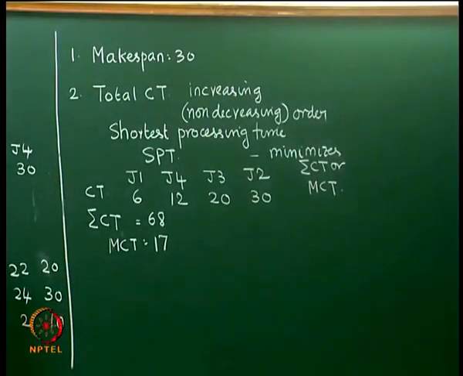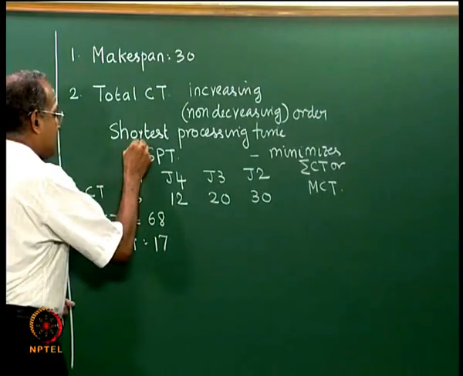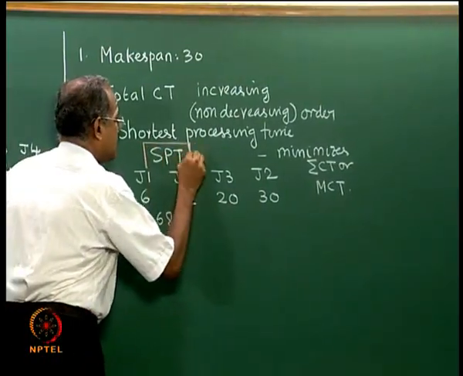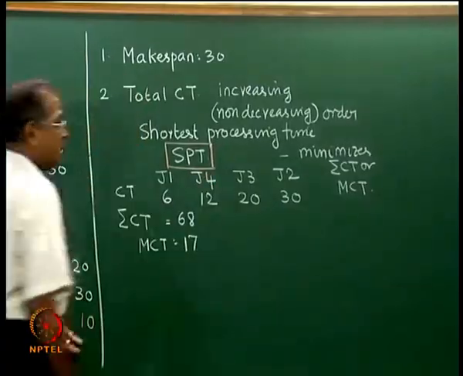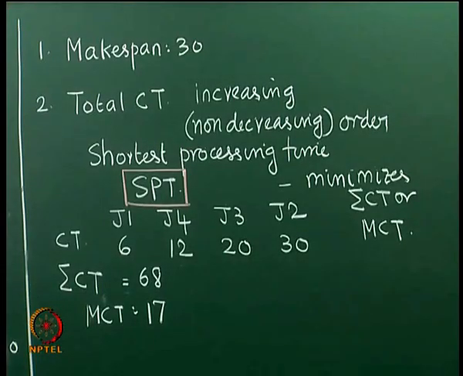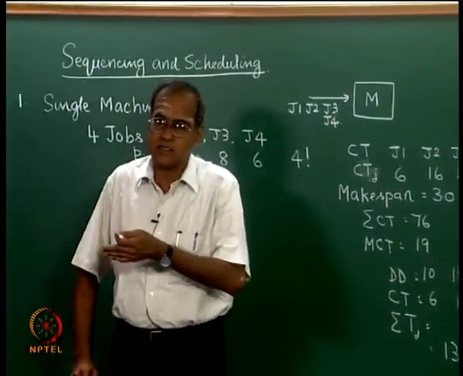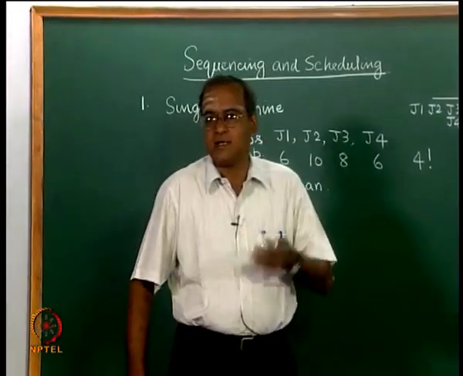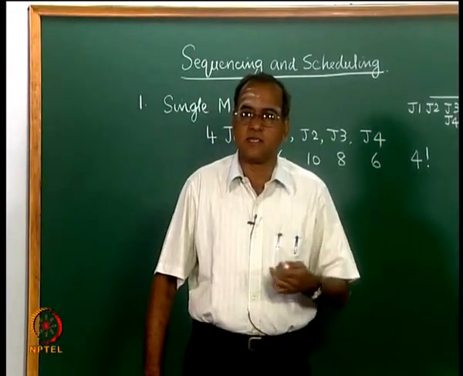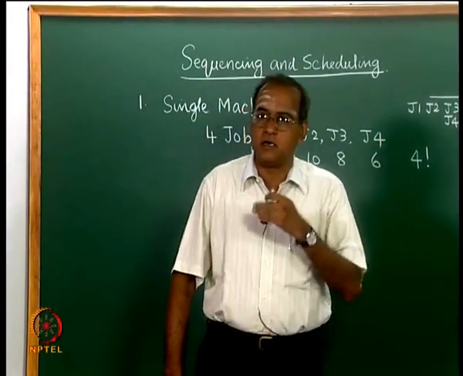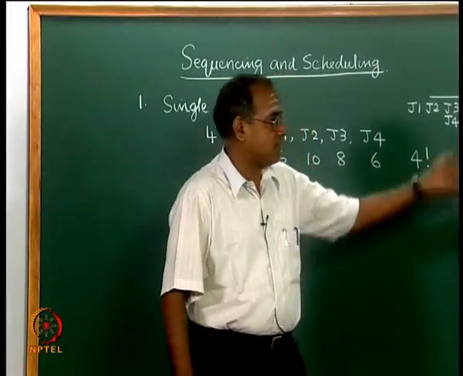This is an extremely important result which finds its way into other sequencing and scheduling problems. More importantly, this has introduced us to the rule which is called shortest processing time rule, where we try and arrange the jobs to form a sequence such that the processing times are in increasing order or non decreasing order, as in this example.